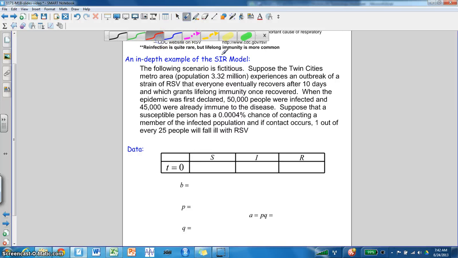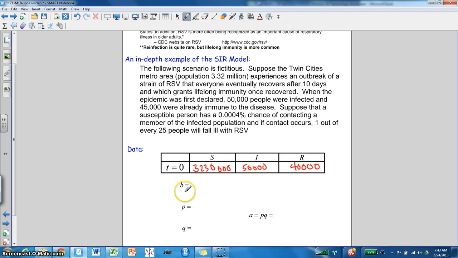After reading the prompt, we see that the infected compartment contains 50,000 people. The recovered population is 40,000, and then basic subtraction, doing 3.32 million minus this, gives us a susceptible population of 3,230,000, and that's it.